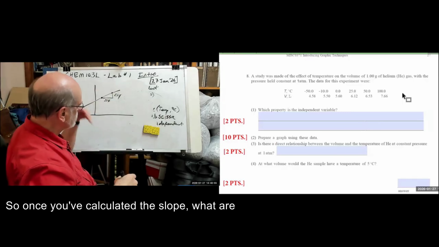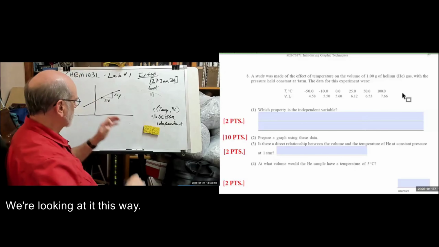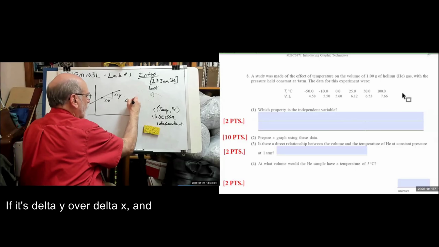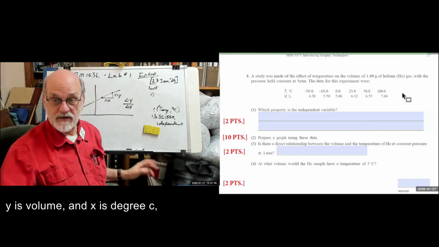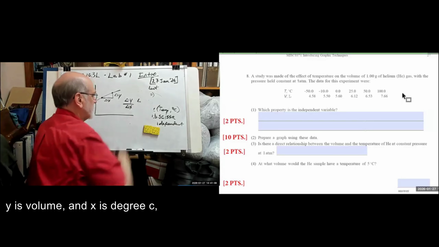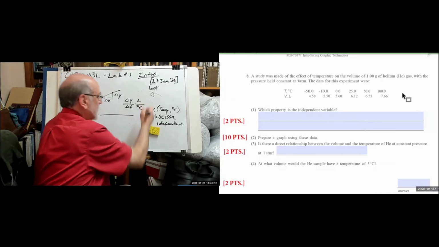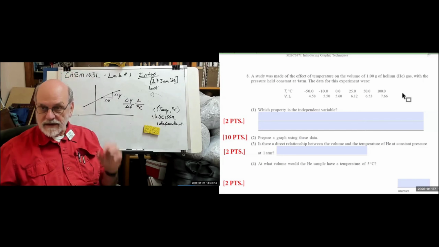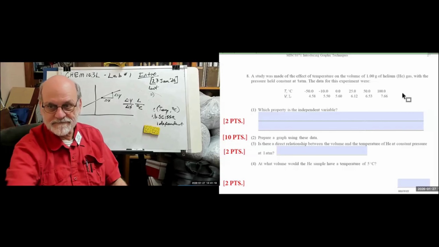Gives us a positive slope. So once you've calculated the slope, what are the units of measure for the slope? We'll look at it this way. If it's delta y over delta x, and y is volume, and x is degrees C, there's your units. Liters per degree C are the units of your slope.